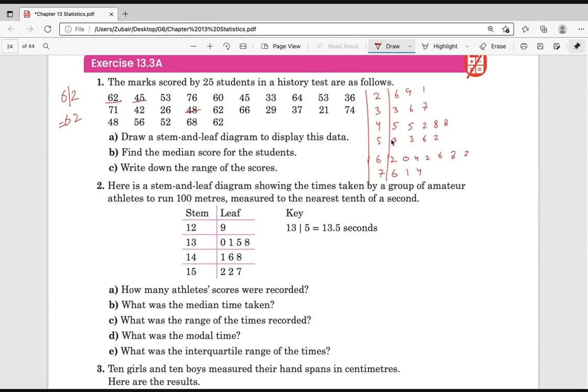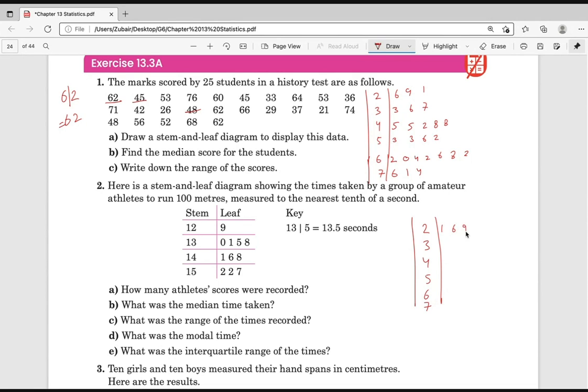Now that was rough. I'm quickly going to make that neat. 2, 3, 4, 5, 6, 7. And I'm going to take care that I write the number right above each other. So when I'm looking at 2, I now see that 1, 6, 9 is the order.